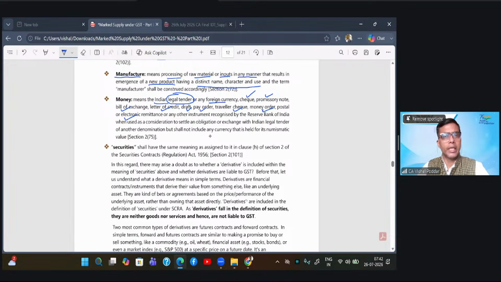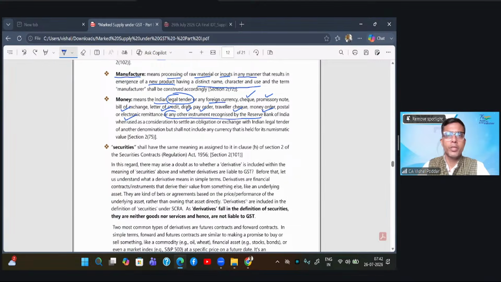So money in its physical form, or money in the form of any of these negotiable instruments, or wherever, even if it is done electronically, it will be treated as money. Now, what is very important is, besides this, if there is any instrument which is recognized by RBI as money, similar to money, that will also be treated as money.